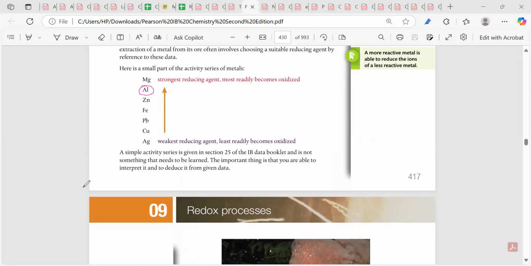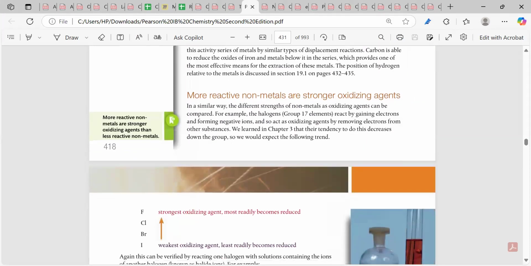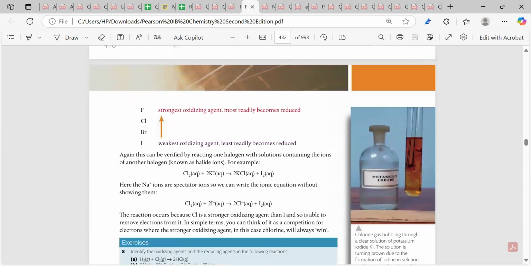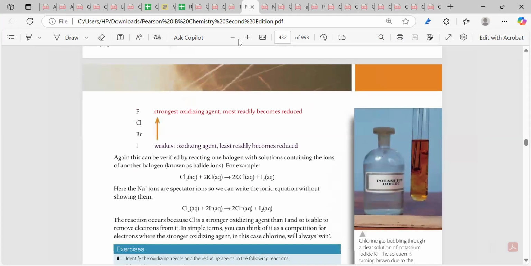Now we go to the halogens. What does a halogen do? Does it accept electrons or lose electrons? It accepts, I think. Halogens are in group 7, with 7 electrons in the outermost orbit. So what will it do?